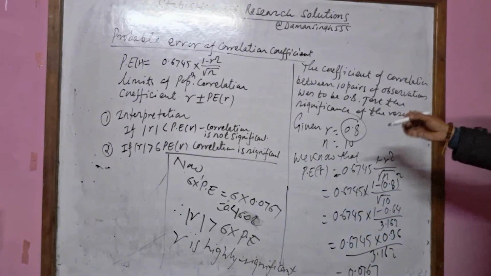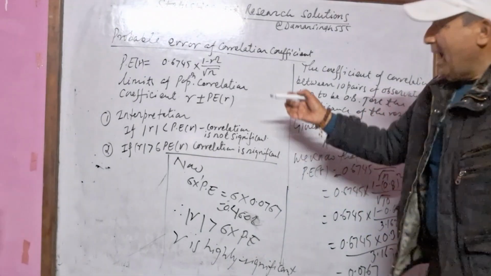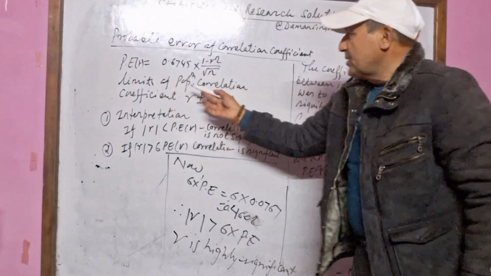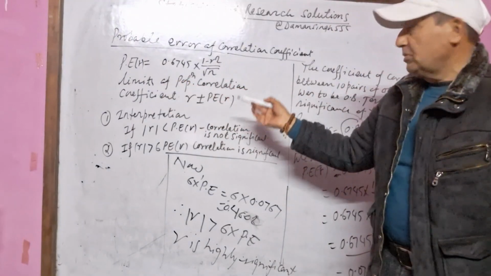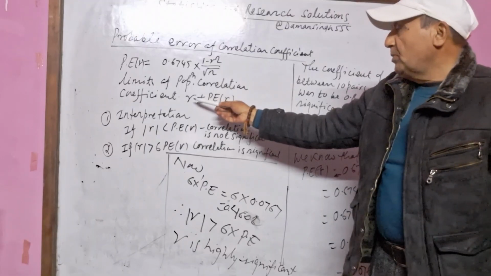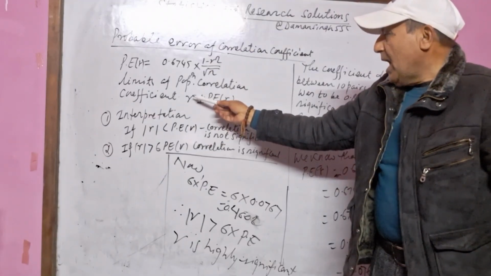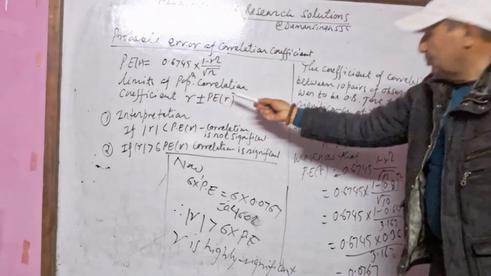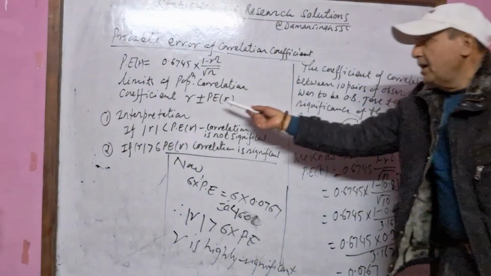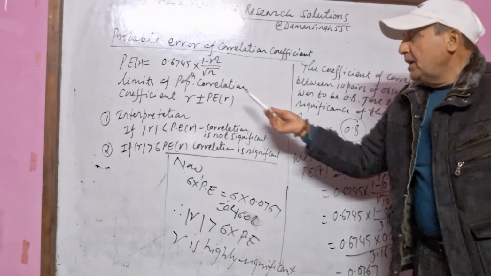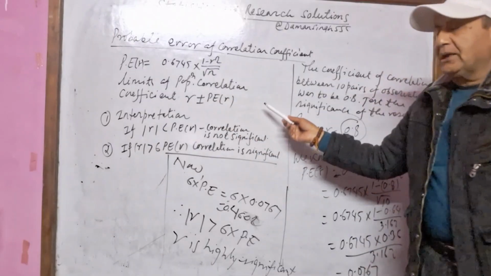Sometimes you are also asked to find the limits of population correlation coefficient. So this formula you use. Upper limit is R plus PE, you put the value of PE, and lower limit is R minus PE.